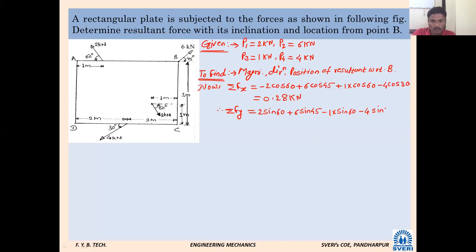Okay, correct. Is equal to 3.11 kilonewton.